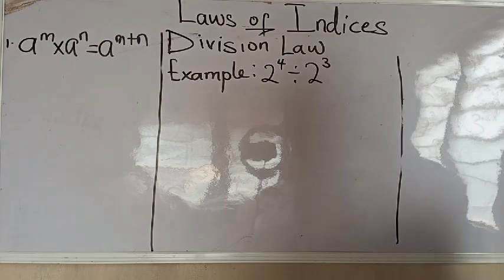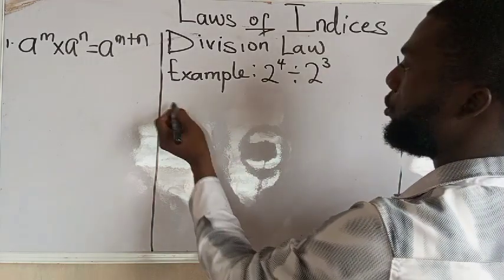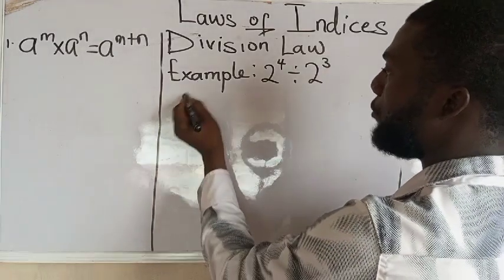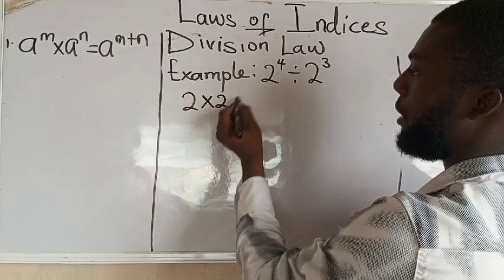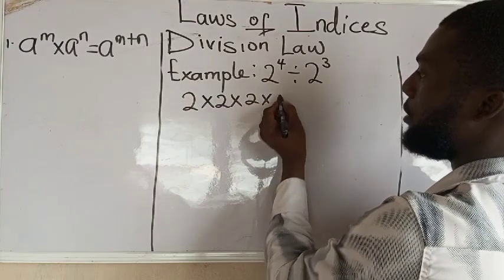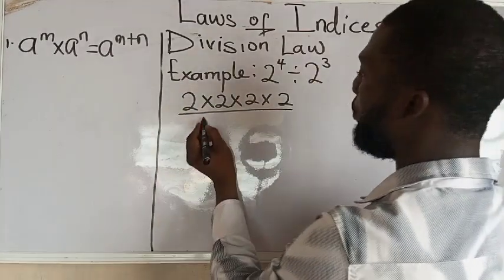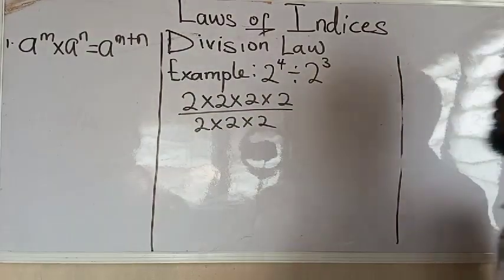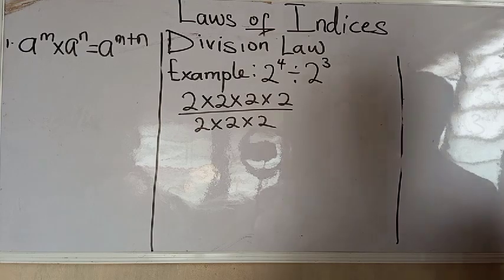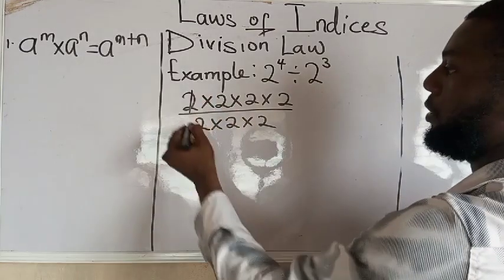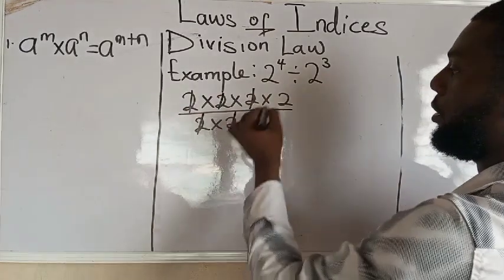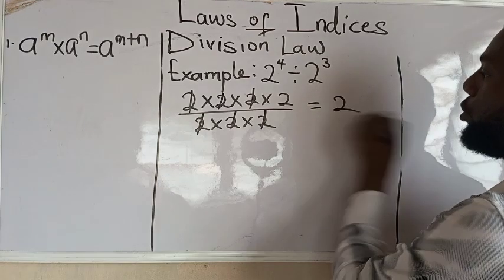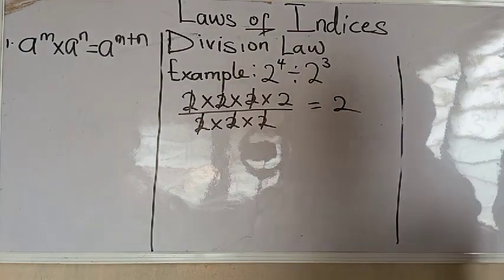Now let's look at this. Let's not forget that 2 raised to power 4 means multiplying 2 in 4 places, divided by 2 times 2 times 2, multiplying 2 in 3 places. Now, if I divide, then I will have 2 as my answer.